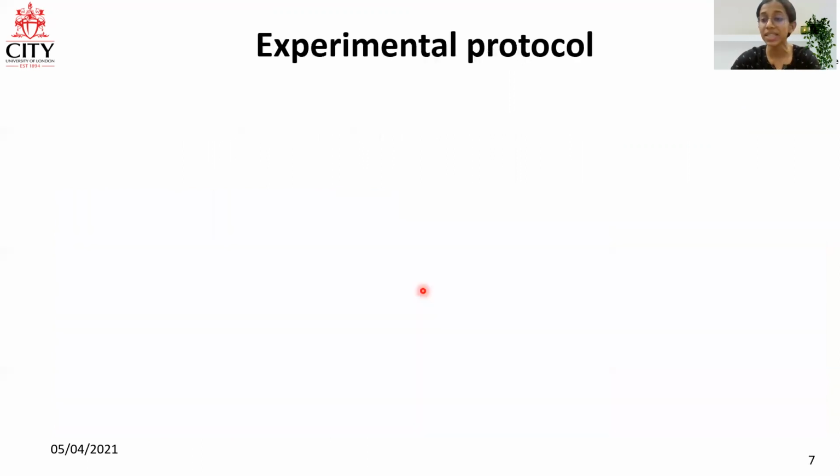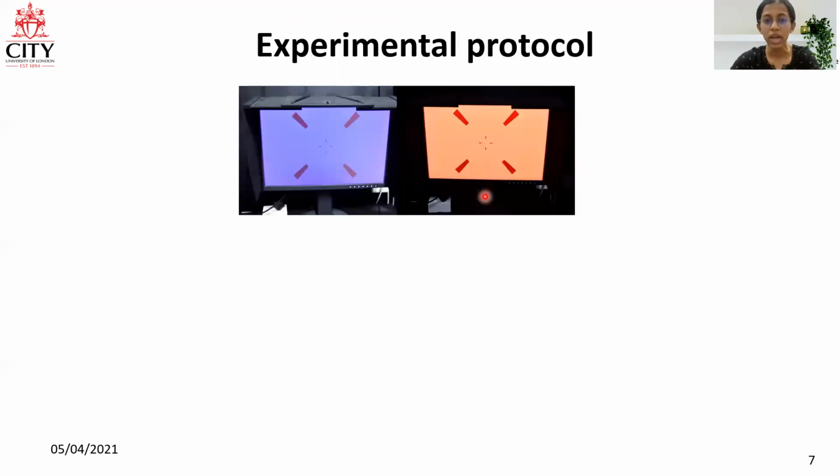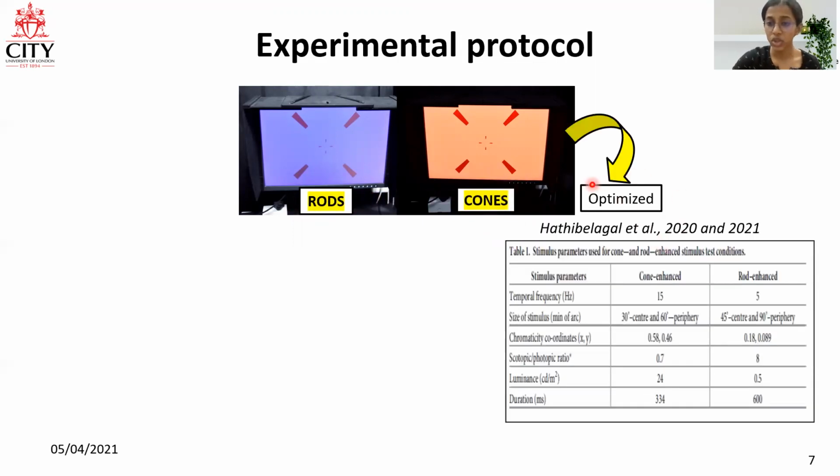A total of 13 subjects were involved in the present study. I'm going to give again a brief detail about the protocol that we carried forward. There are two conditions, the rods and the cones, that were tested separately. I was talking about the optimization of the stimulus parameters.